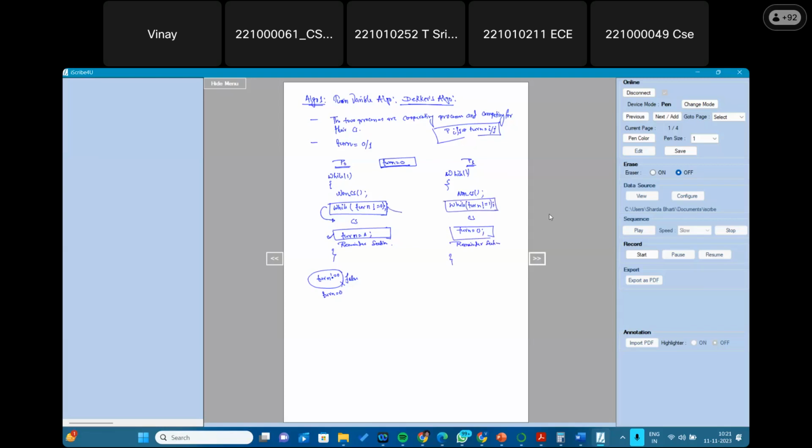So what it says, this is the entry section, which controls the entry of a process into its critical section. So we have a while loop here.